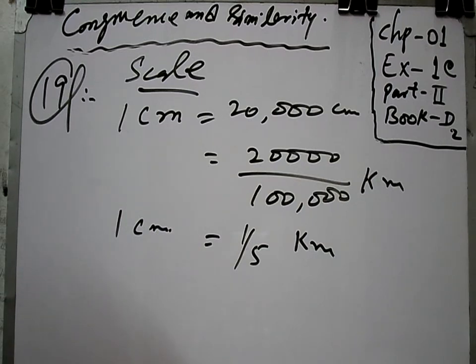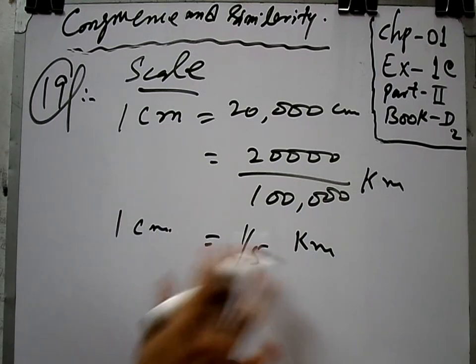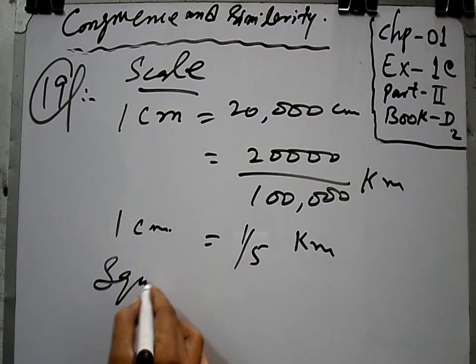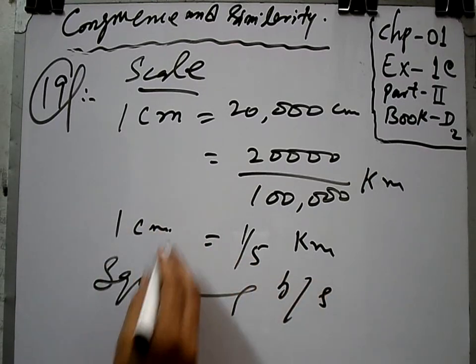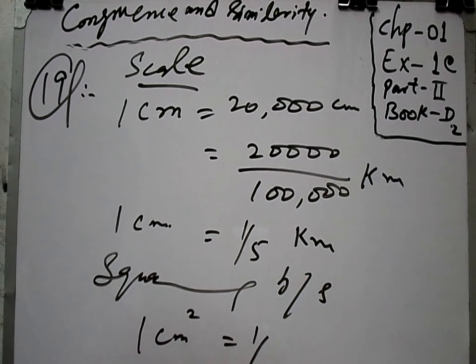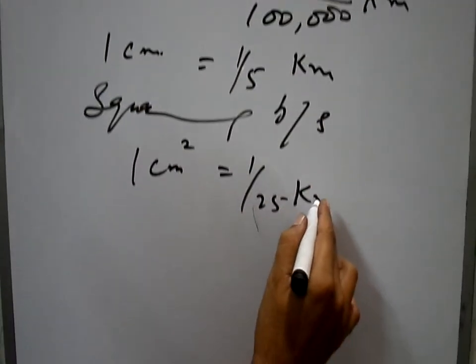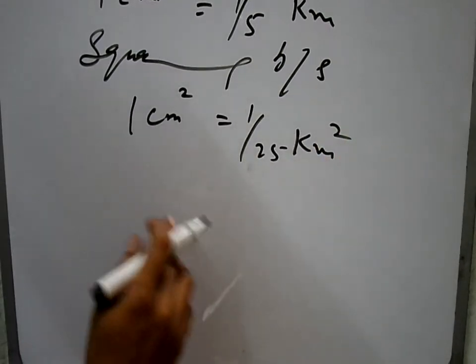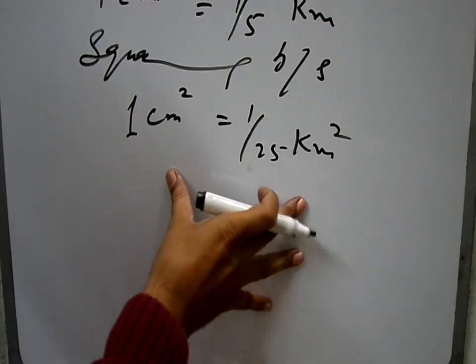Because we are dealing with the areas in this question, so again squaring both sides. So 1 centimeter square is equal to 1 by 25 kilometer square area. So that's why a new scale is being developed here.